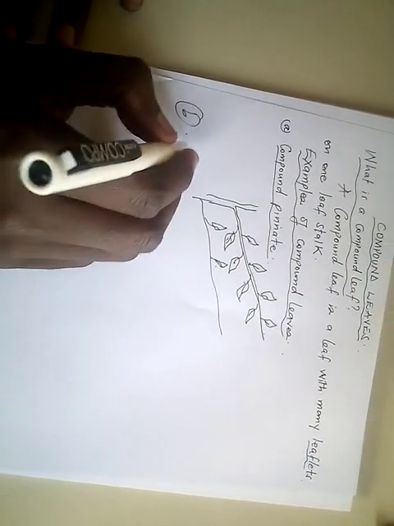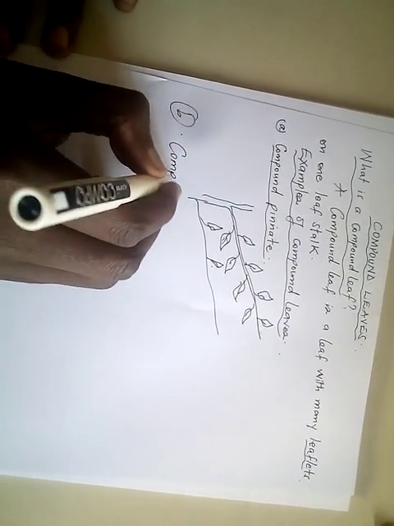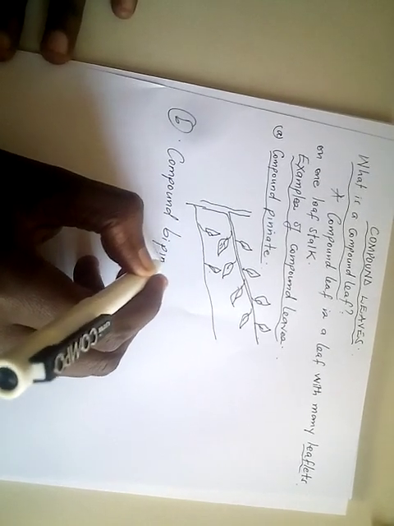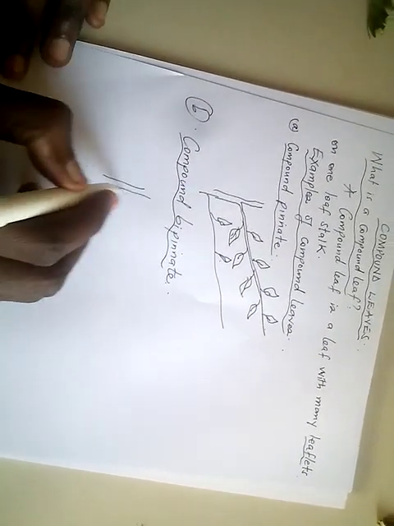Then we shall go to the second one. We have a compound leaf known as compound bipinnate. Compound bipinnate is different from a compound pinnate.